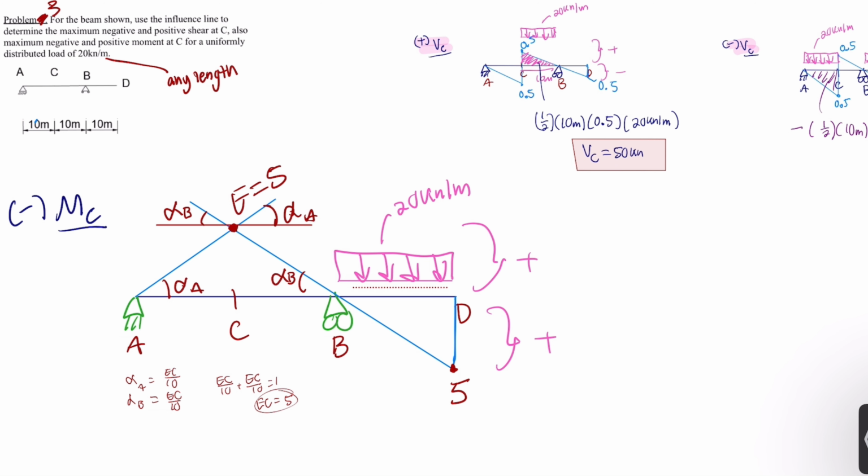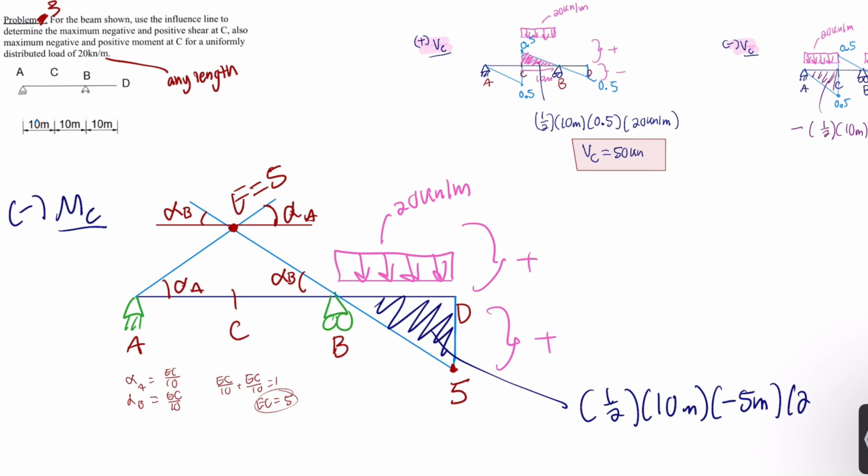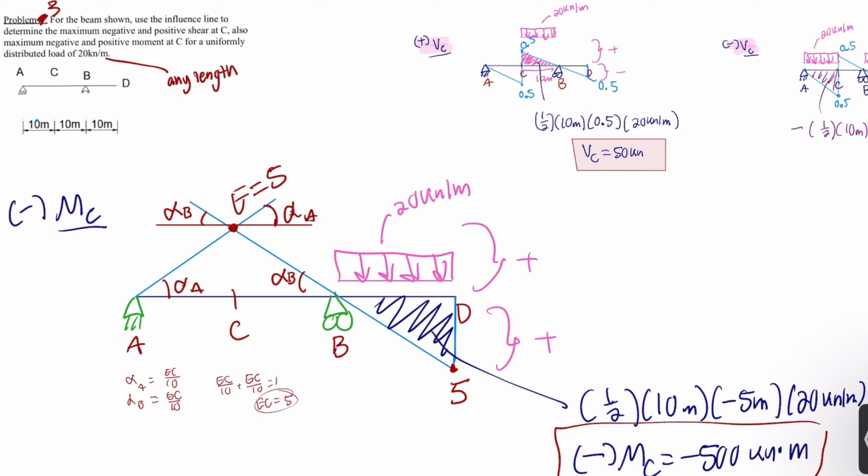So we have to calculate the area of the shaded region, which will be 1/2 base, which is the 10 meters, times the height, which is -5 meters, times the load. And we get that the maximum negative moment at C is equal to negative 500. And that is the maximum negative moment at C.